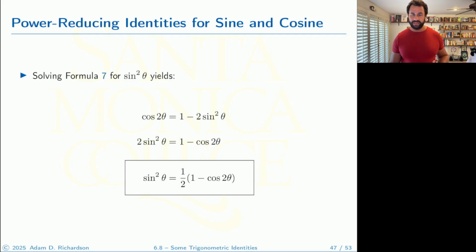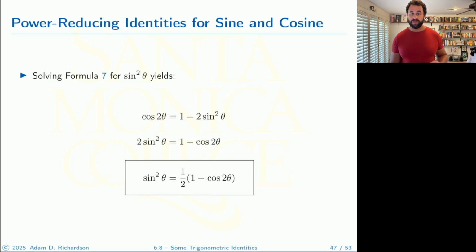Remember that we had this re-expression of the double angle identity for cosine. Now what we're going to do is solve it for sine squared. Just move this to this side, move cosine theta to the other side, and you get this.